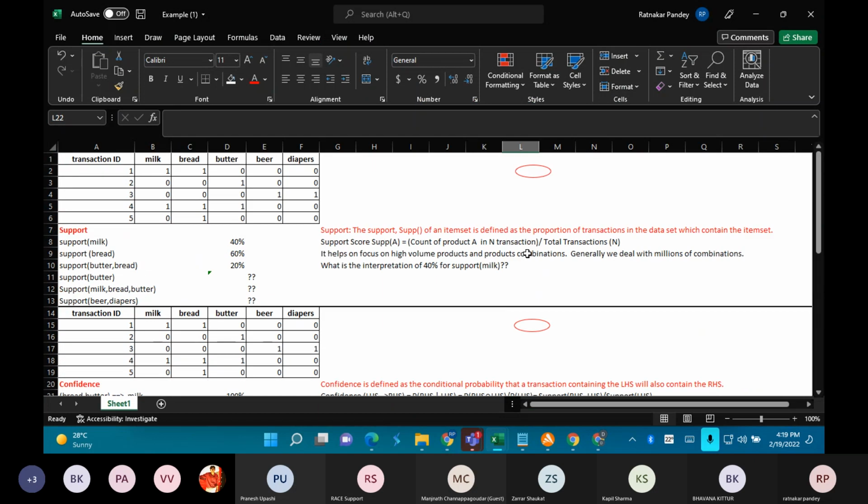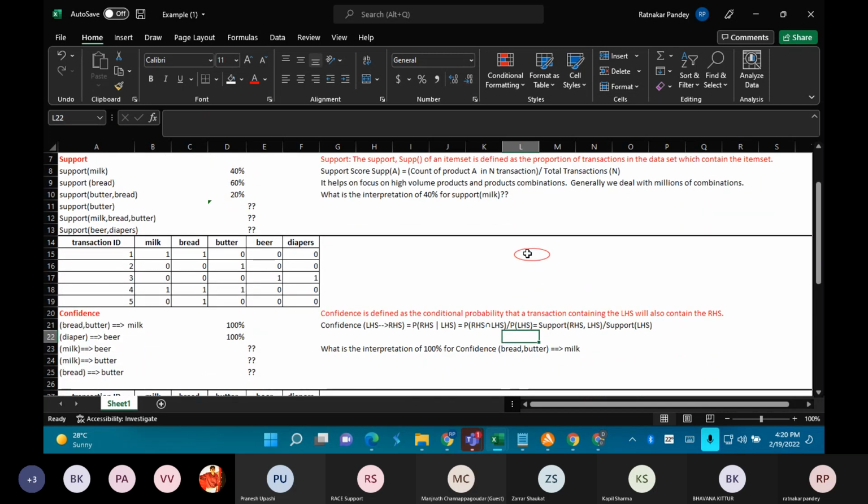Any questions now, Tejashwini, on the support and confidence, or are you good? Okay. All right. Anyone who'd like to explain to Tejashwini how we measure confidence?